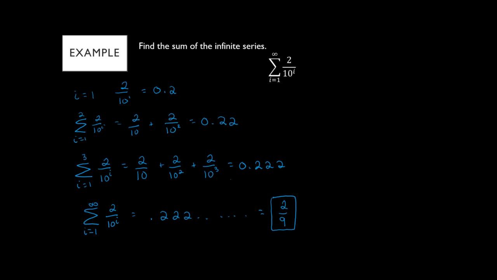We do this by just following the pattern and saying, okay, if this pattern continues forever, what do we have? When a series has a sum like this, an actual number it adds to, we say that the series converges. If there's no sum, we say it diverges. So this is a convergent series because it actually has a single number that it adds up to.